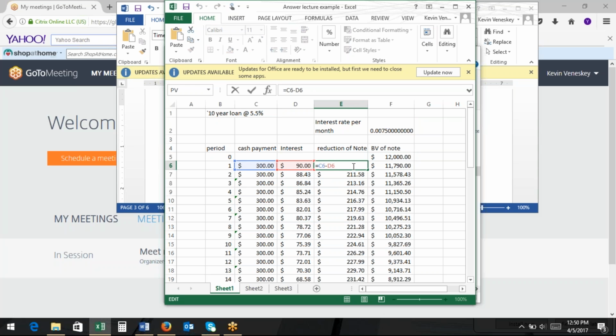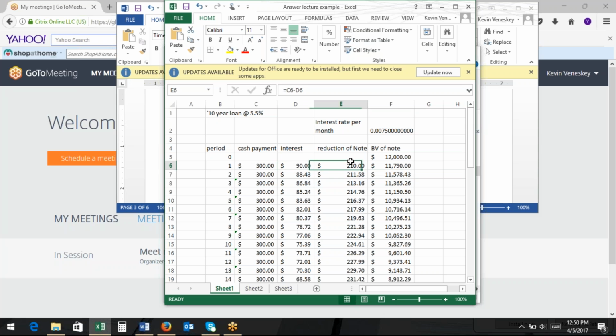Reduction of my note, well, remember the reduction of your note is what's left. I paid $300, I had 90 going to interest, so that leaves $210 going to the reduction of my note. So the new book value of my note, well, it was worth $12,000. I took off $210, leaving me with the $11,790.